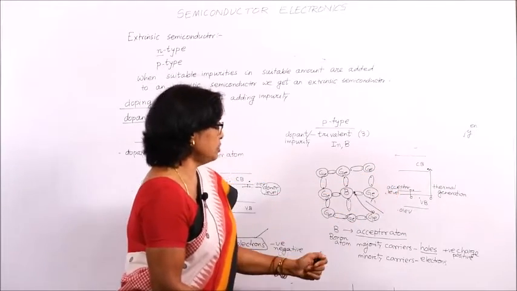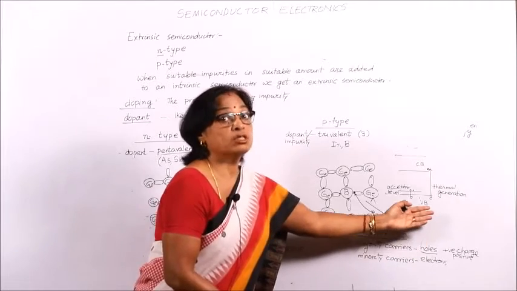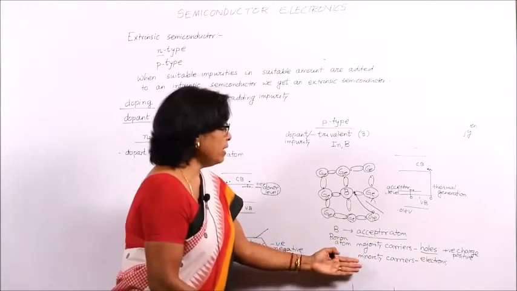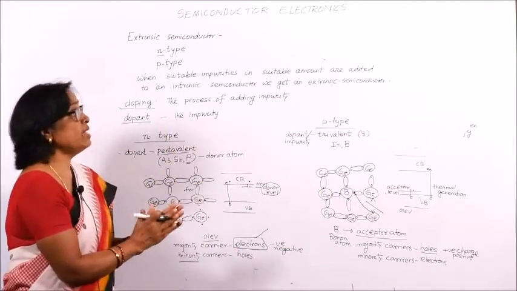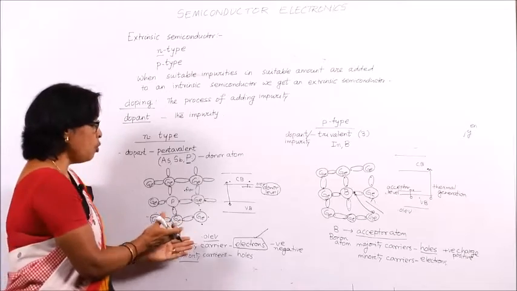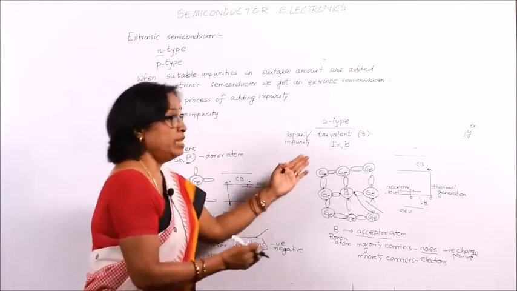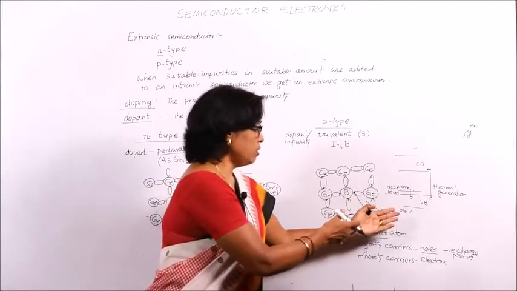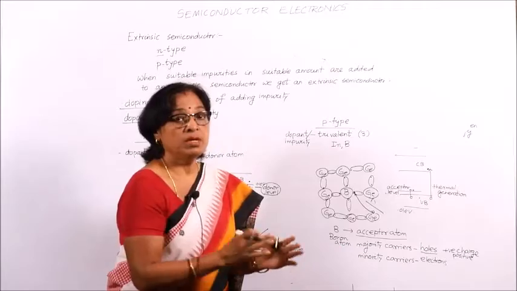The majority carriers are positive holes, and that is why it is called a p-type semiconductor, and minority carriers are electrons. So from this discussion we know that in an n-type semiconductor, there are more electrons and few holes. In a p-type semiconductor, there are mainly holes, more holes, and fewer electrons.